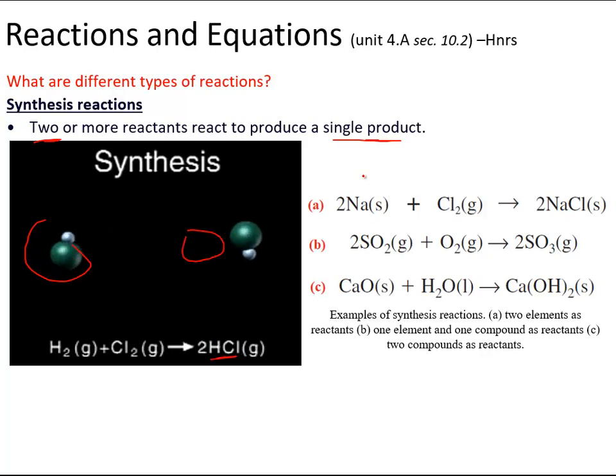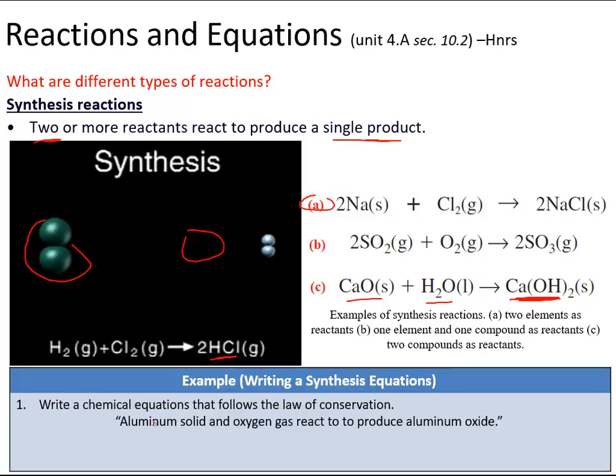Now, the types of synthesis reactions don't necessarily need to be elemental like this one here. It can be an element with a compound or 2 compounds. The main idea is that you have 2 or more reactants combining to make one new type of product, right? So let's take a stab at this and see if we can write a chemical reaction of a synthesis.